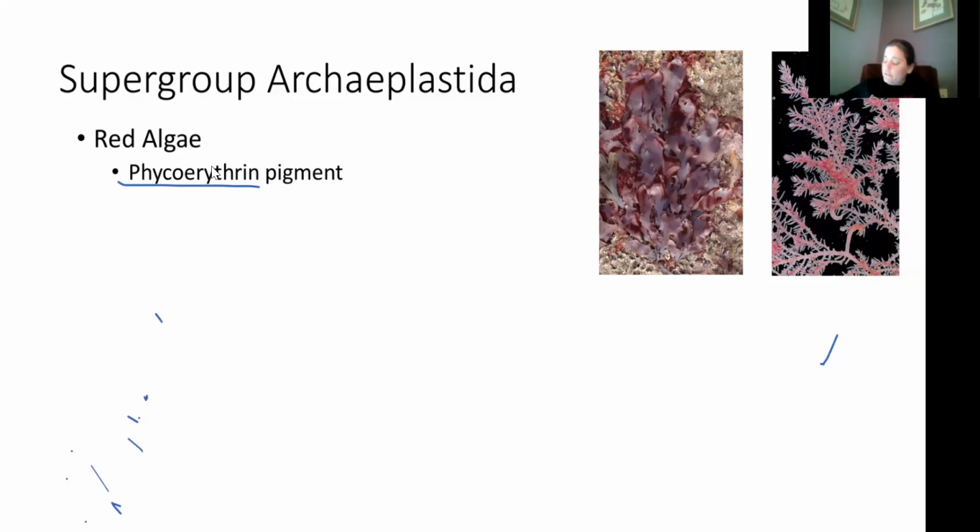Okay, so these are also called rhodophytes, rho meaning red. The reason that having phycoerythrin is important is because they can absorb blue and green light.